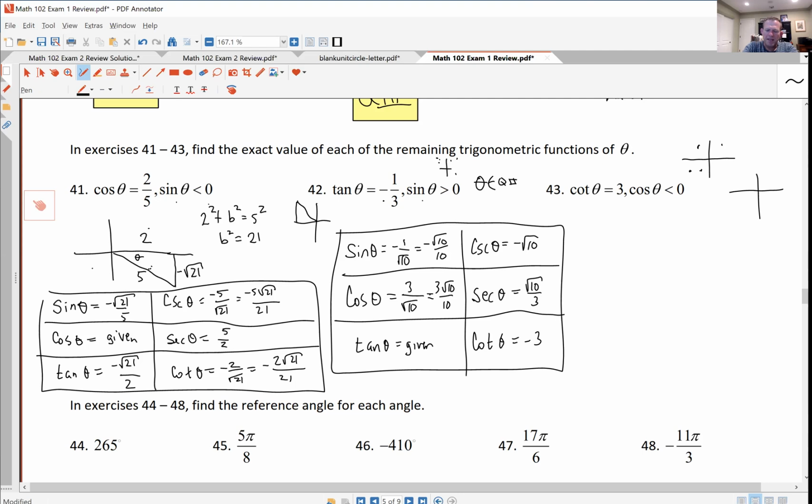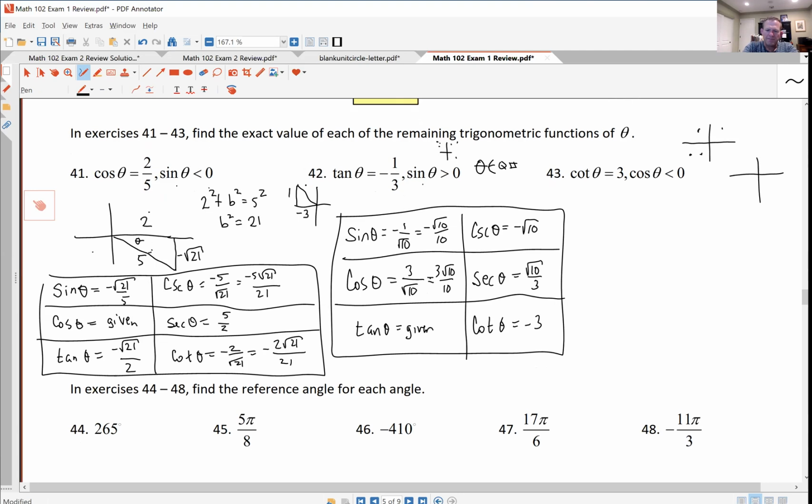This means then that the opposite over the adjacent, this will still be root 10. All of the numbers are going to be the same. However, I'm in quadrant 2, so sine has to be positive there.